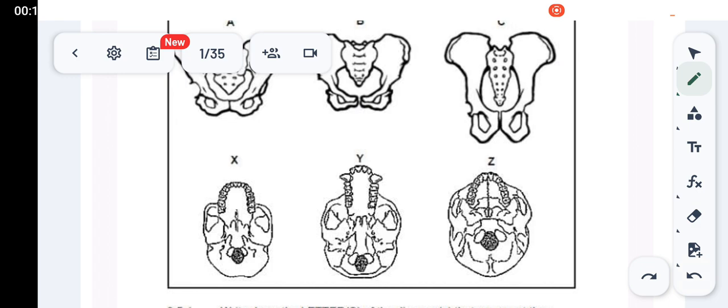And then at Y, we see large prominent canines. That is for African apes. And also the foramen magnum is at the back of the skull. Right. And then at Z, we can also see smaller canines, and the foramen magnum is positioned at the front of the skull.